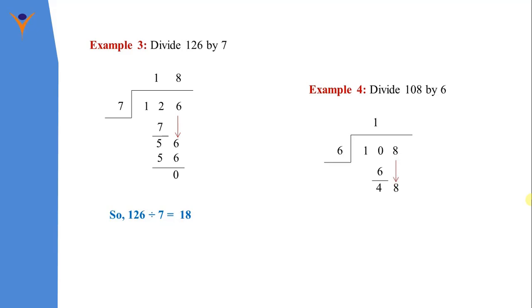So now we divide 48 by 6. And that gives us 8. Nothing is remaining. So we just go ahead and say our answer equals 18. 108 divided by 6 is equal to 18. So you see, it's simple and it's straightforward.